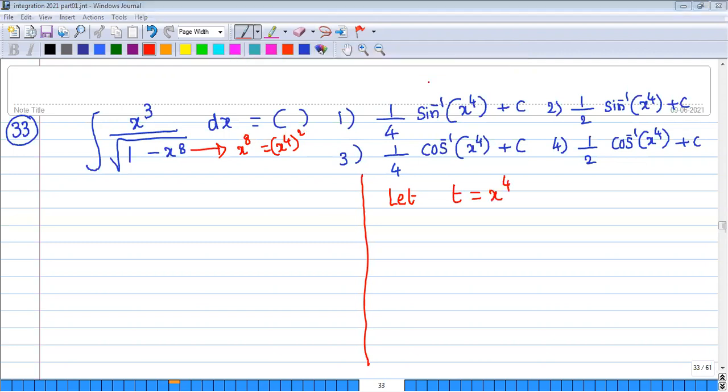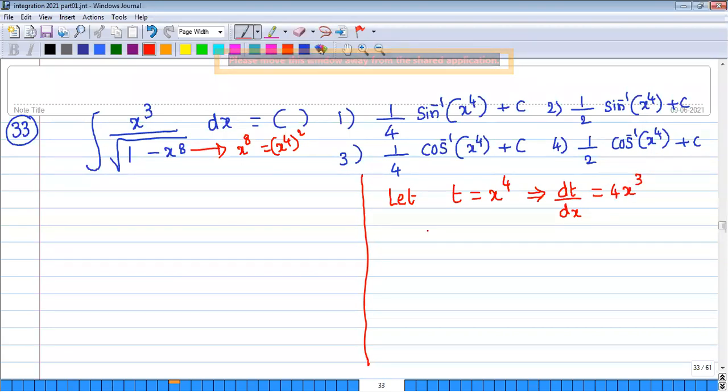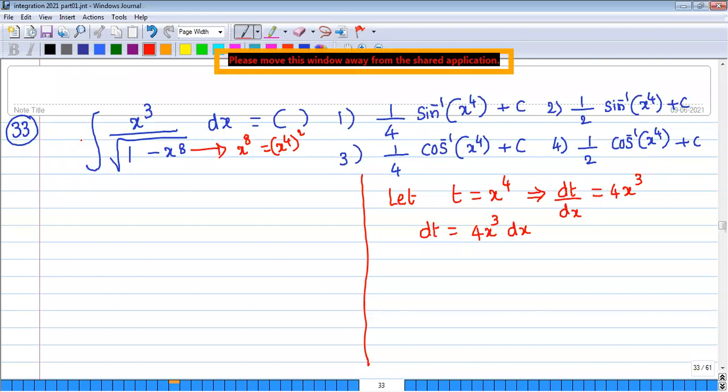dt by dx equals derivative of x to the power of 4, which is 4x cube. Now dt becomes 4x cube dx. So if there is 4x cube dx, that can be replaced by dt. But we have x cube, so multiply and divide by 4.